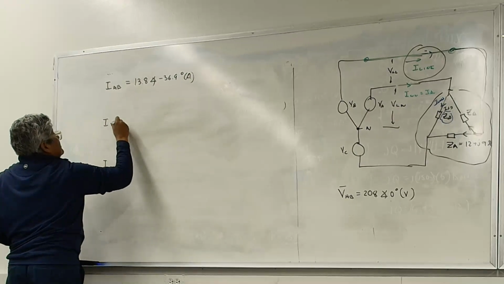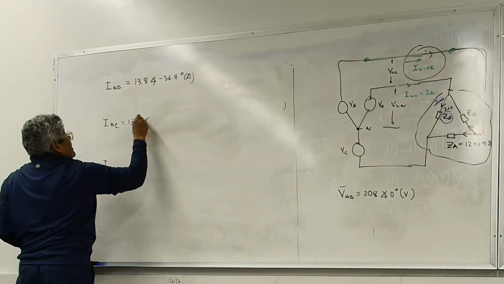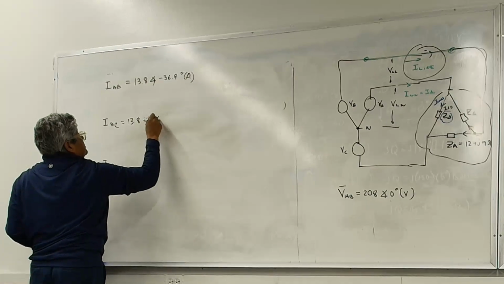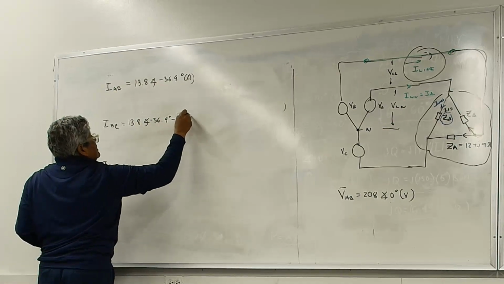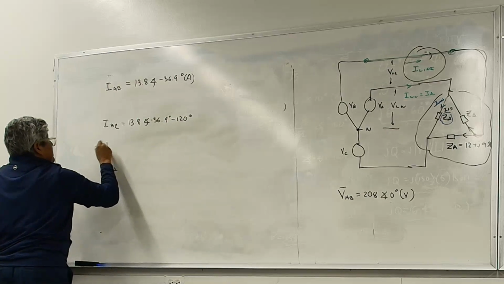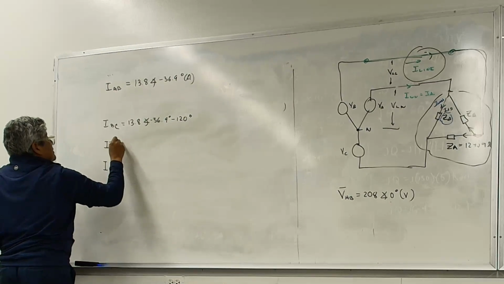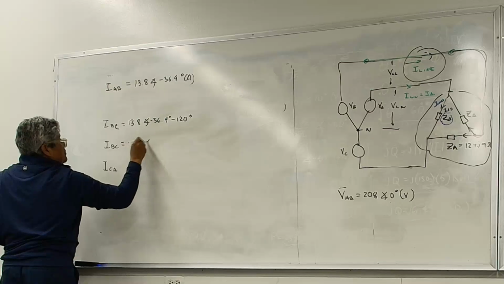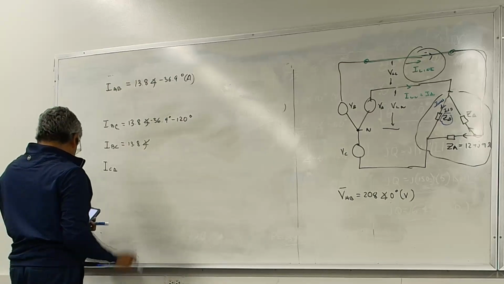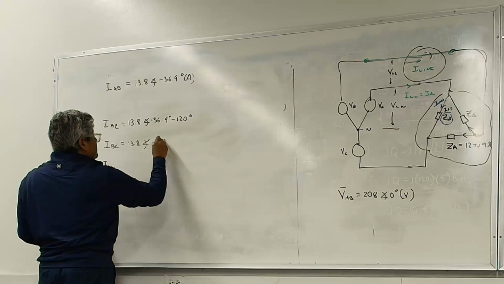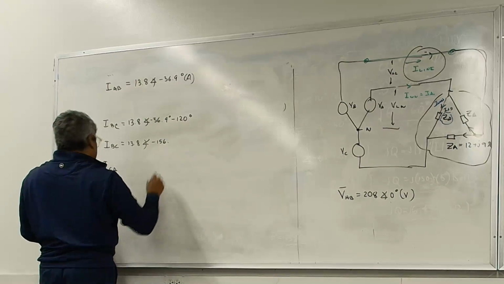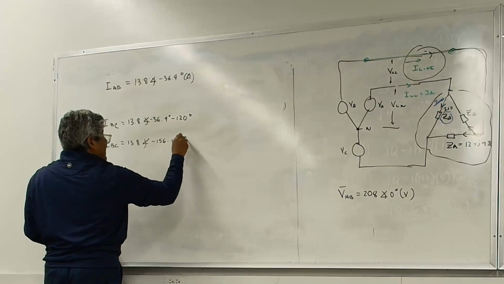So IBC is equal to 13.8 angle of minus 36.9 degrees minus 120 degrees. That gives me IBC is equal to 13.8, magnitude never changes because it's a balanced system, minus 156.9 degrees, and this is in amps.